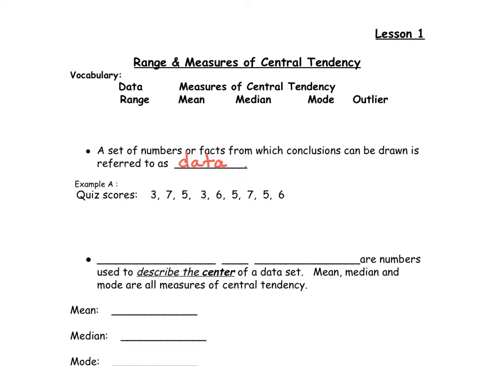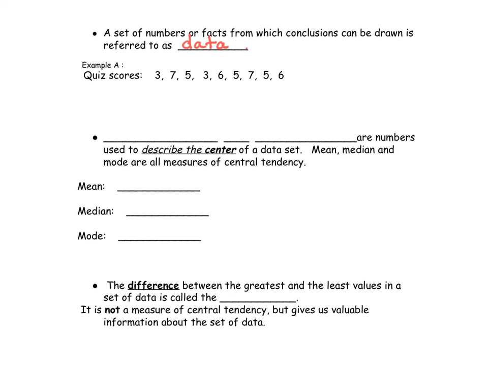Next, blank, blank, blank are numbers used to describe the center of a data set. Mean, median, and mode are all measures of central tendency. So these should be measures of central tendency.